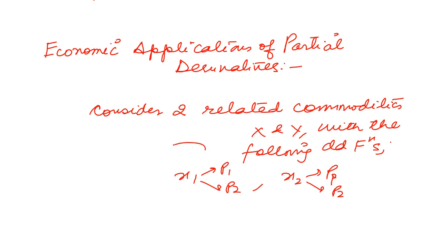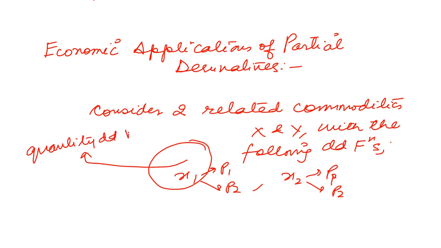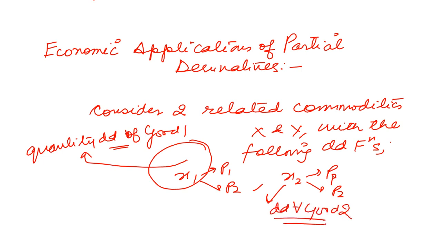That means X1 is the quantity demanded of good 1 and X2 is the quantity demanded of good 2, such that X1 is a function of P1 and P2 and X2 is also a function of P1 and P2. So what is del x1 by del p1?